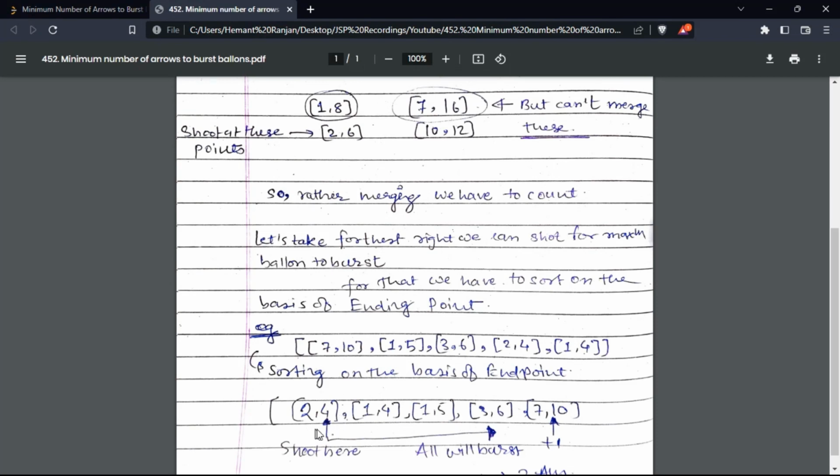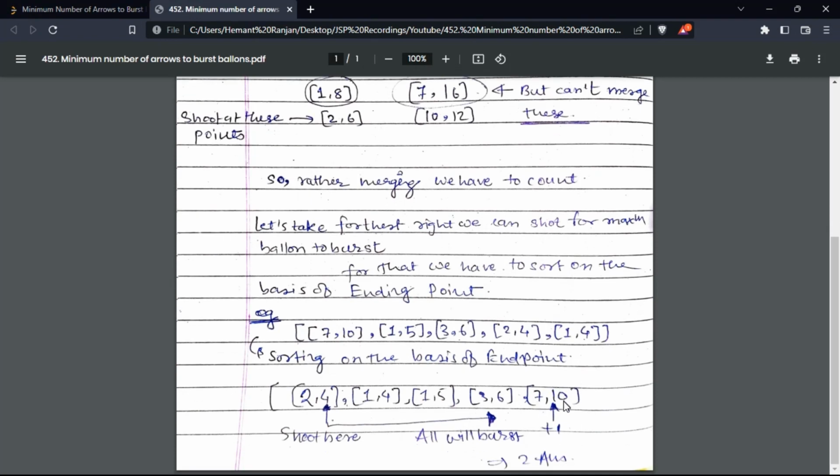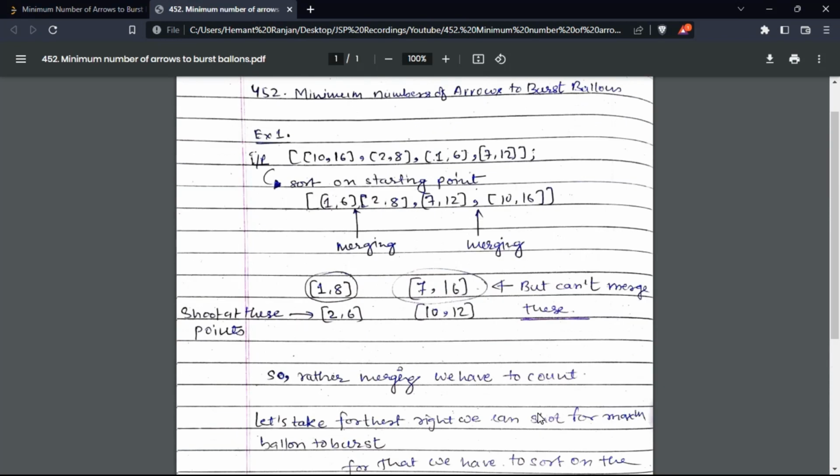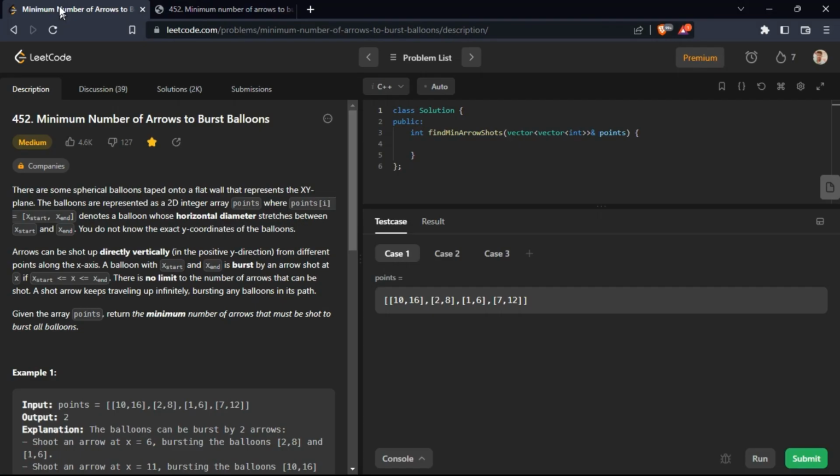So all the balloons which have a starting point less than the arrow position will burst. So for this one arrow I can burst 1, 2, 3, 4 balloons, and this balloon is left. So I will shoot another arrow to burst this balloon. So the answer will be 2 in this case. I think you understand the approach, and let's try to code it up in C++.